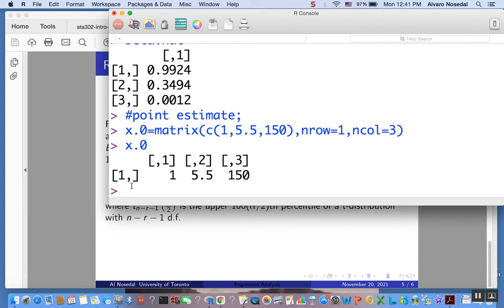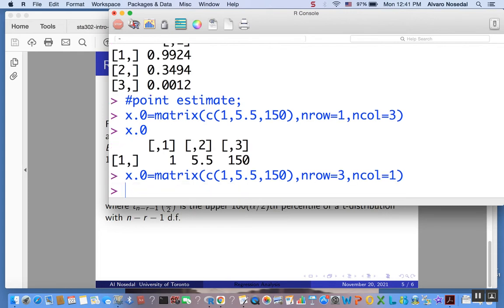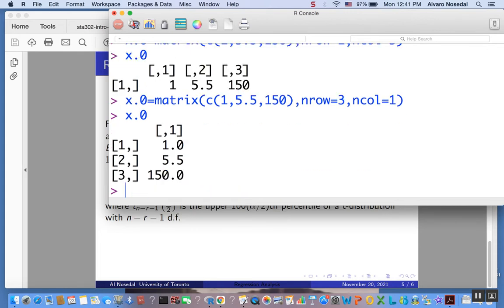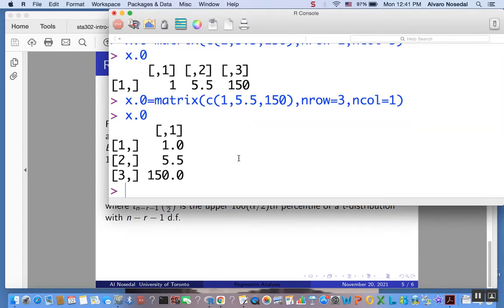Or, just to avoid confusion, instead of doing this, we could create this one here, a column vector, and then apply the transpose here. We can do that, so we match what we have in our formula. Okay, let's do it like that.